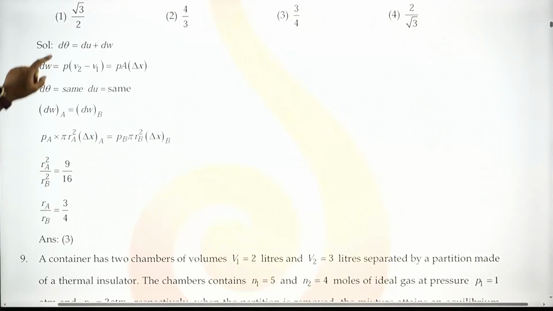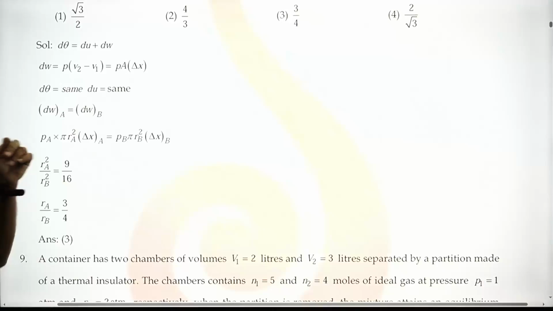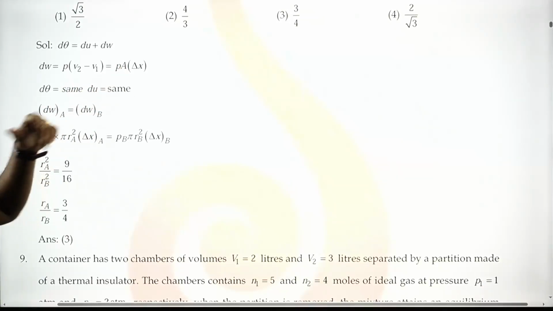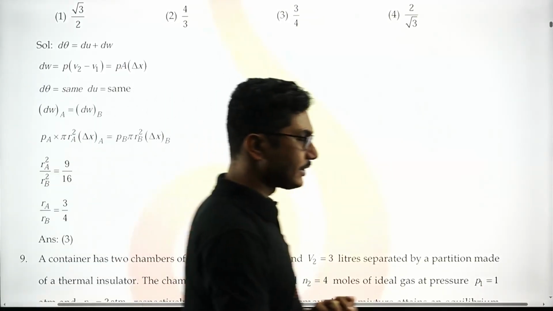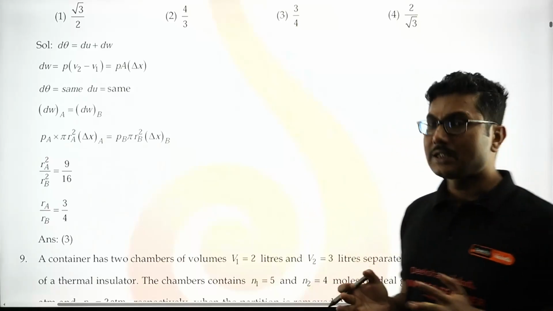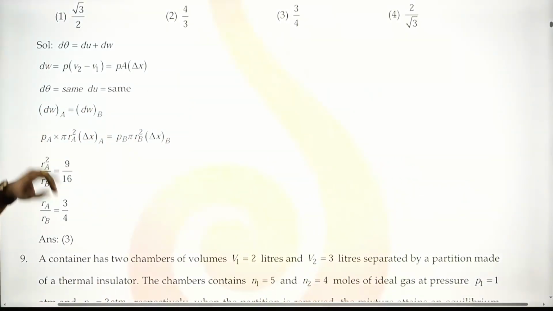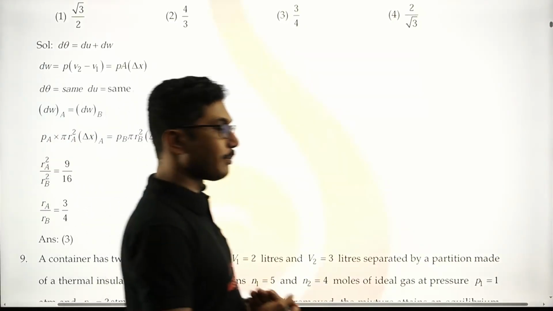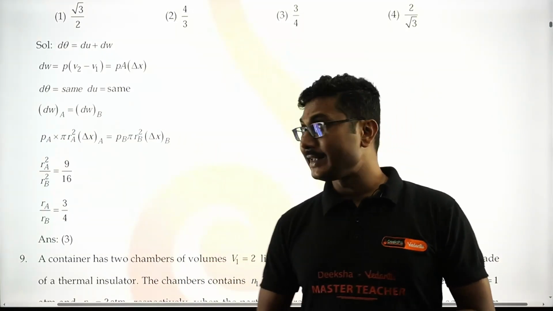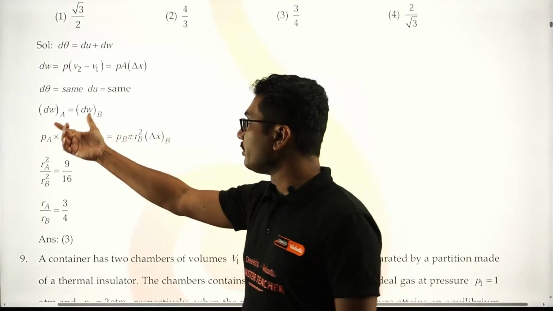So first of all, dQ is equal to dU plus dW. From there, the work done is P times (V2 minus V1), so P A into delta X, where A is the area of cross section and delta X is the displacement of the piston. Now, because the same amount of heat is supplied and the internal energy change is the same, the work done must be equal.